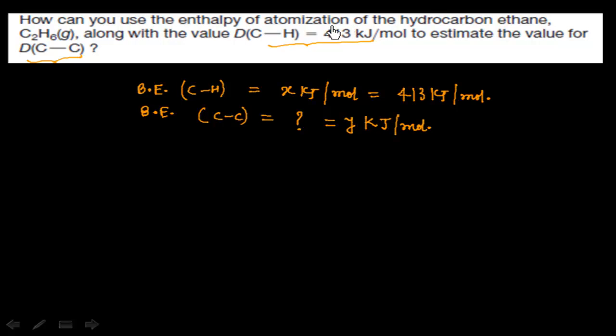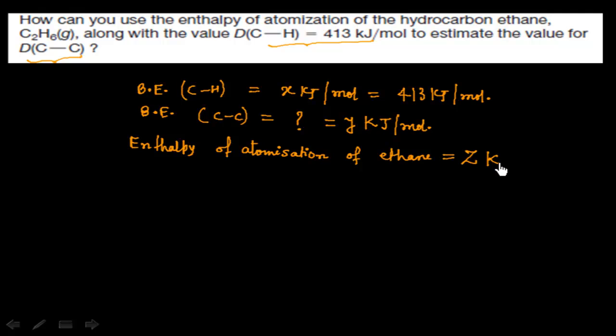And we have also been given the enthalpy of atomization of ethane, and this is equal to, let us say, z kilojoule per mole. So this value is also given. We have to calculate the bond energy of the carbon-carbon bond. So you see we have C2H6.